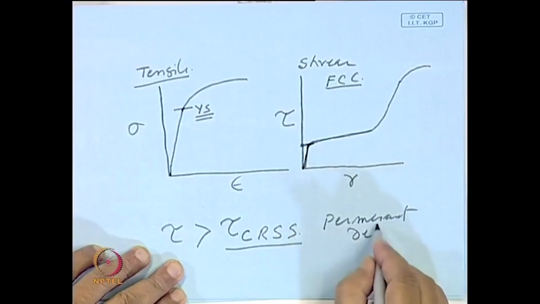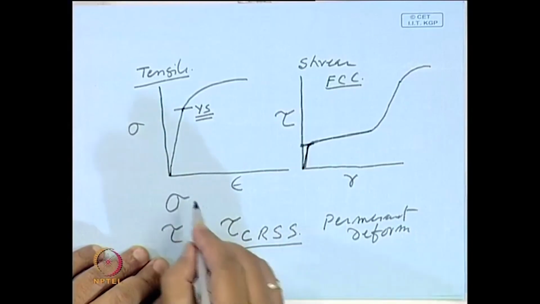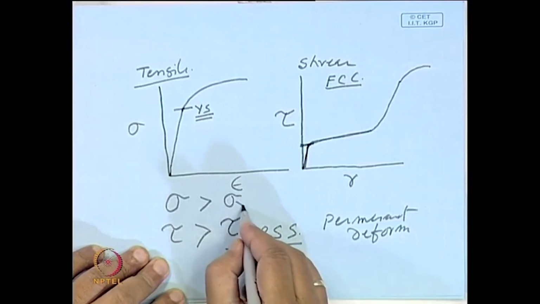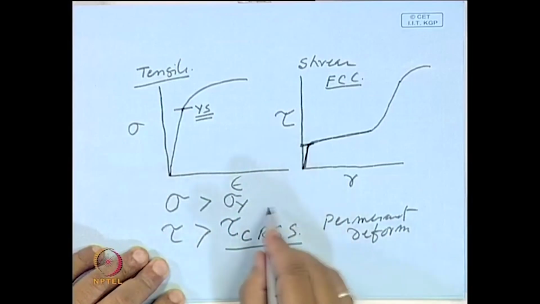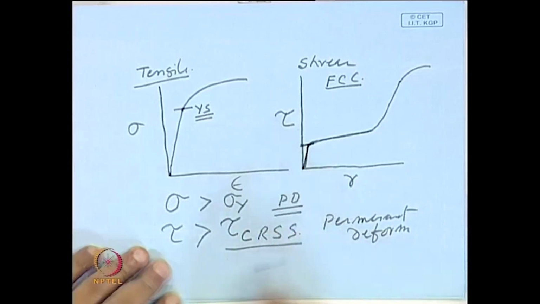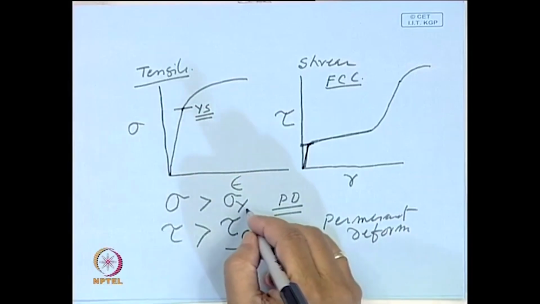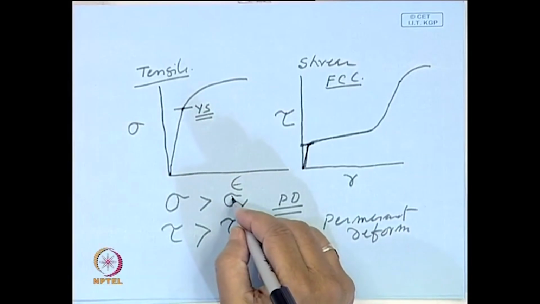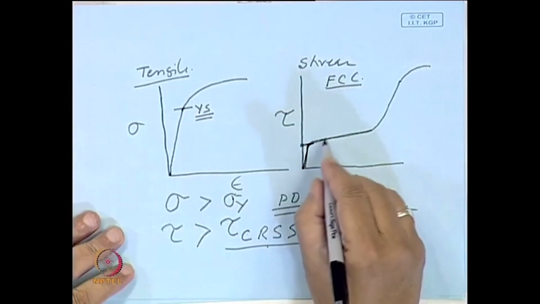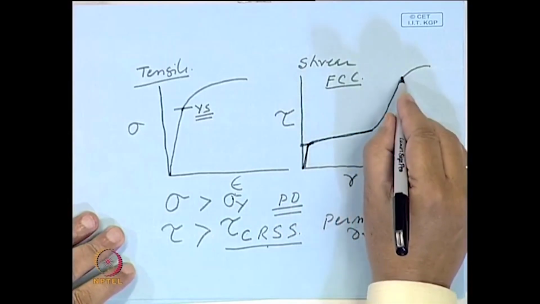That means, with respect to polycrystalline material, when sigma is greater than sigma y, you have permanent deformation, plastic deformation. So, this has a similarity, a relationship between sigma y and critical resolved shear stress. Now, you may wonder, so why does the slope change?